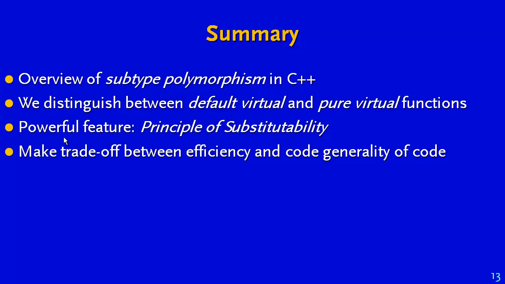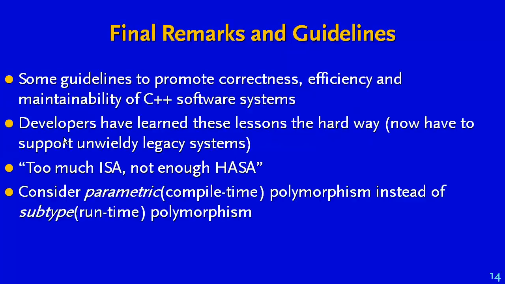But it's compile time, and it's much more efficient, but less flexible. The advantage of subtype polymorphism is that you can switch at runtime between different pointers to different derived classes. So if you want flexibility at possible speed cost, you use subtype polymorphism.